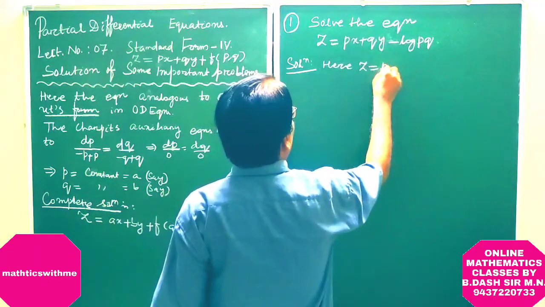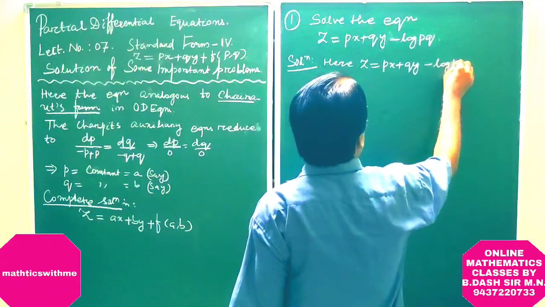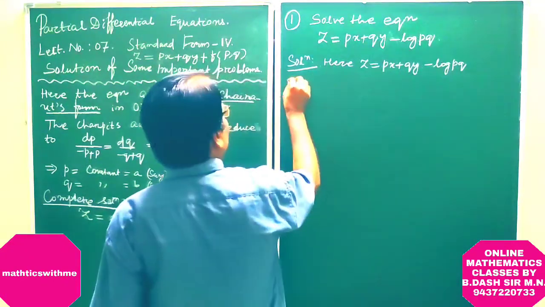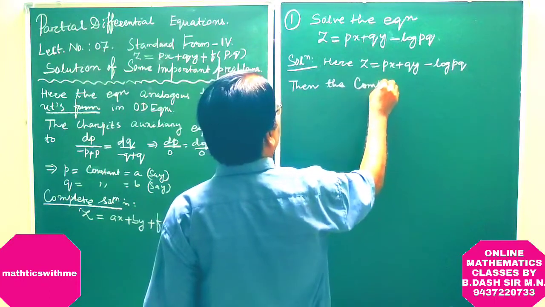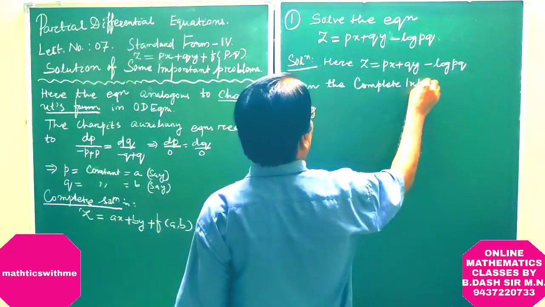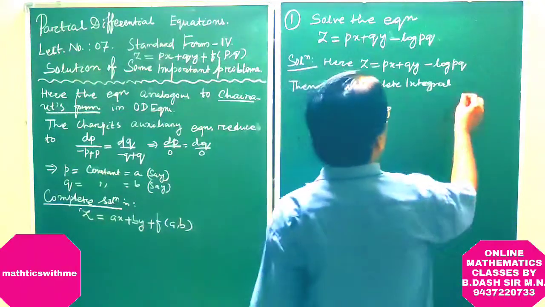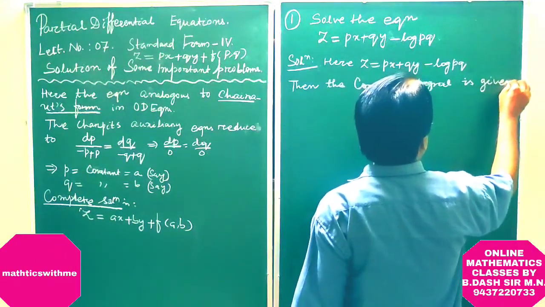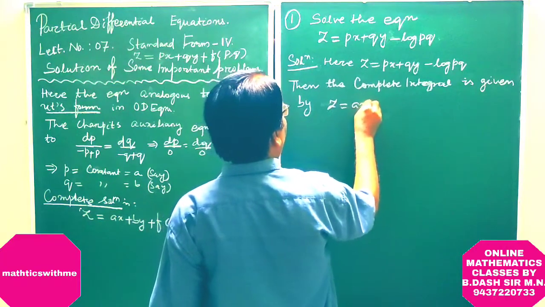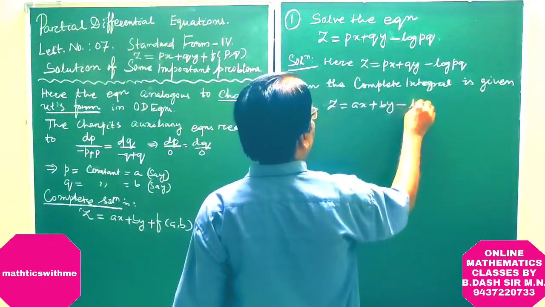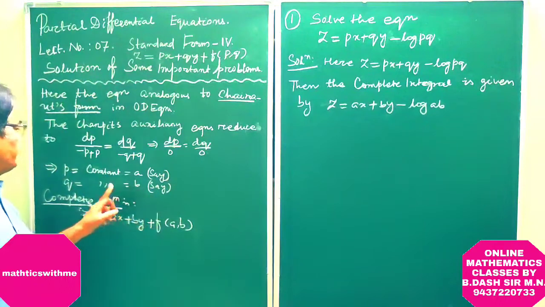Then the complete integral in this case is given by z is equal to ax plus by minus log ab, because we have replaced p by a, q by b.